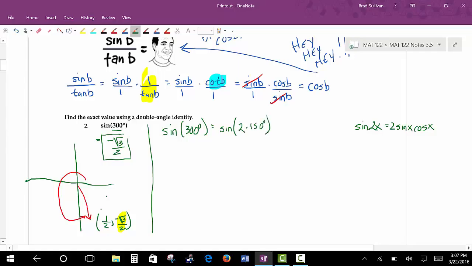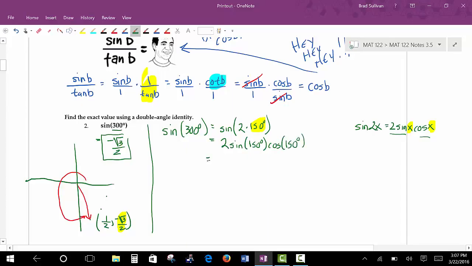So we're going to find an angle that we double. And I want to stress, if you're using this identity, x is not going to be 300, it's going to be 150. So really what we're working out is 2 sine x cosine x. So that's going to be 2 times the sine of 150 degrees times the cosine of 150 degrees.